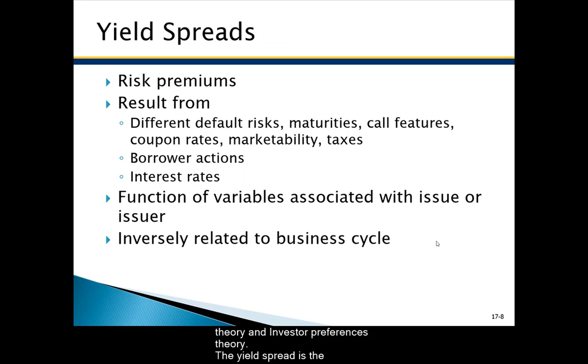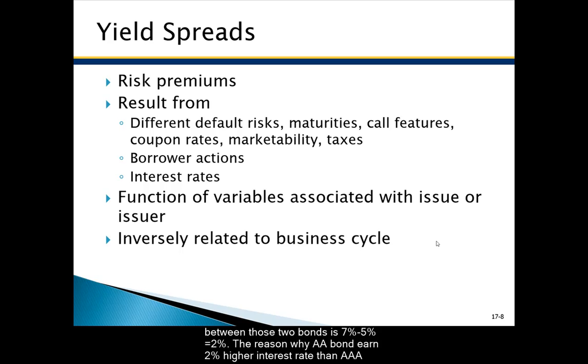The yield spread is the difference in interest rates due to the difference in bond credit rating. For example, the interest rates for AAA and AA rated bonds are 5% and 7% respectively. The yield spread between those two bonds is 7% minus 5%, equals 2%.